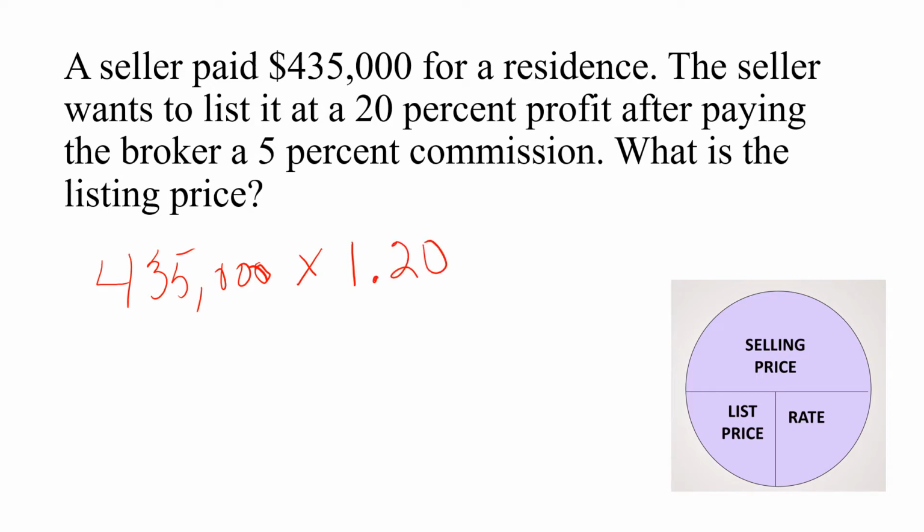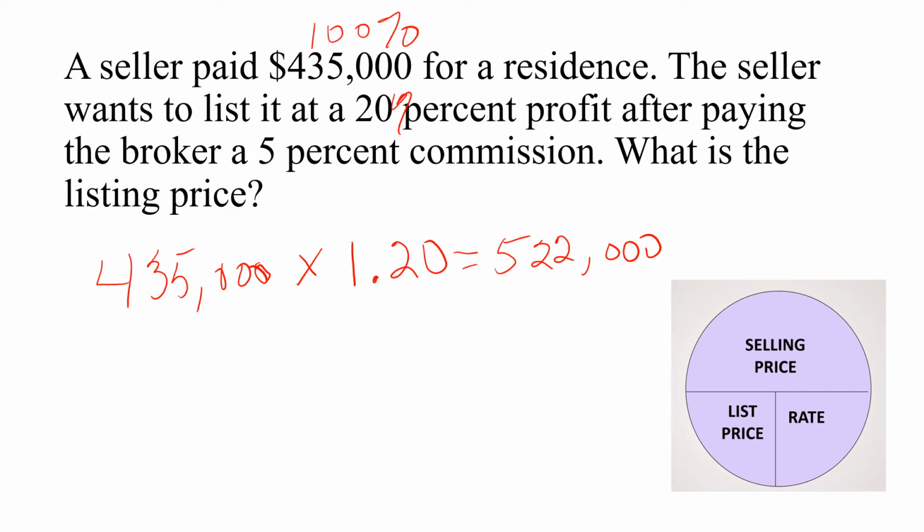So in other words, this amount right here, the 435, is 100%. We want to increase it 20%. So by adding 100% and 20%, we get 1.20, which equals 522.